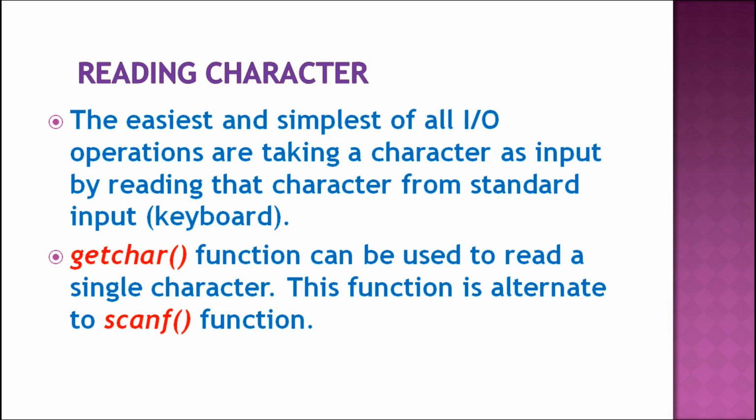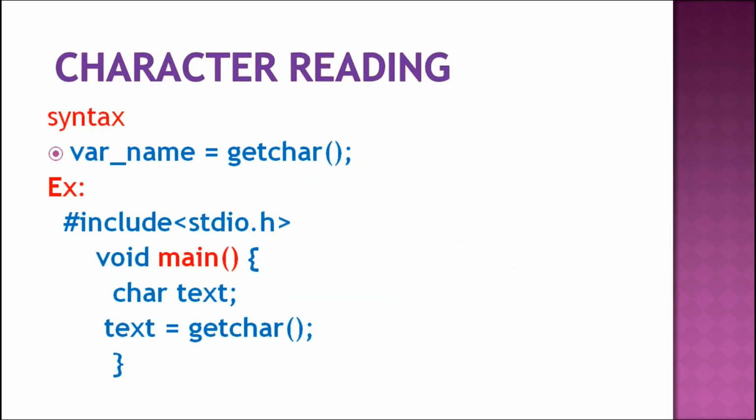The function is an alternative to the scanf function. Character reading: variable name is equal to getchar function. The example includes stdio.h header file, void main, and char text, where text is equal to getchar.